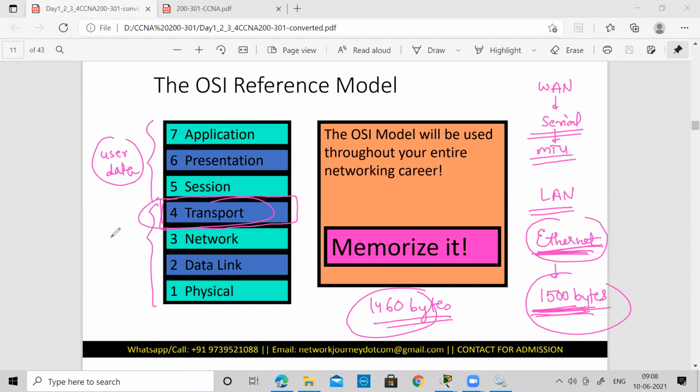Retransmission means if there is an error in the file, the receiver can ask for retransmission of data. Till all the data is received correctly at the receiver side, the data is being stored in the buffer.